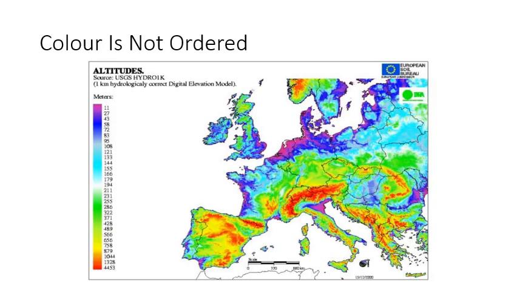So colour is not ordered. If we look at this visualization here, which is a map showing different altitudes across different parts of Europe, the lowest altitude is purple and the highest altitude is red. But actually it's difficult to interpret just looking at this graph where the high areas are.